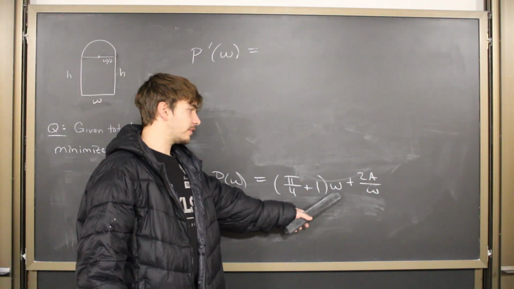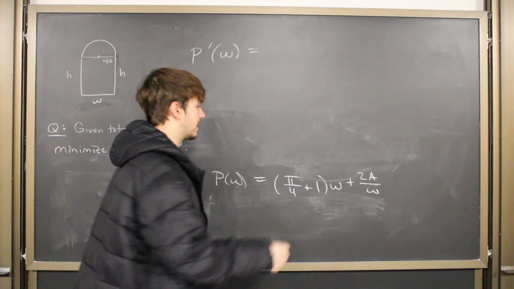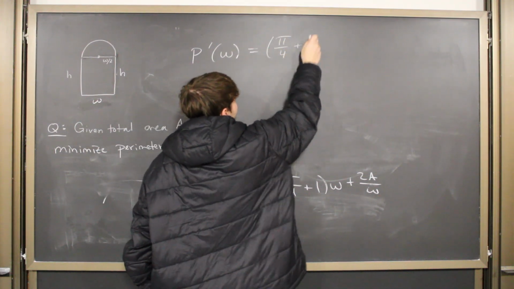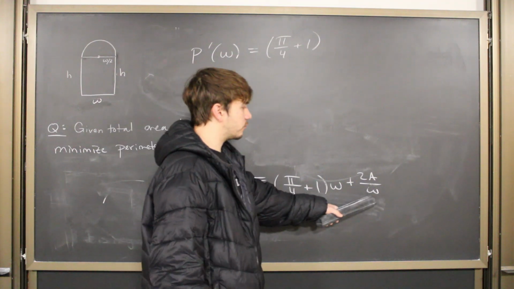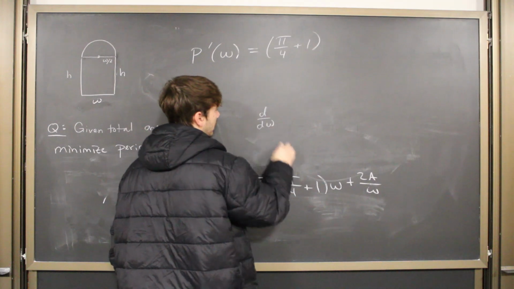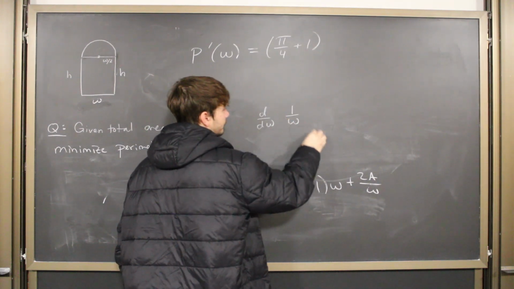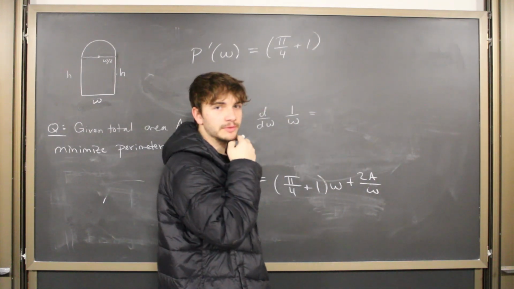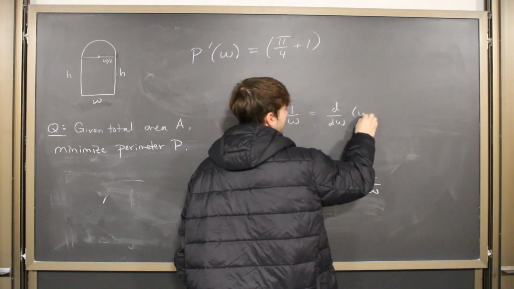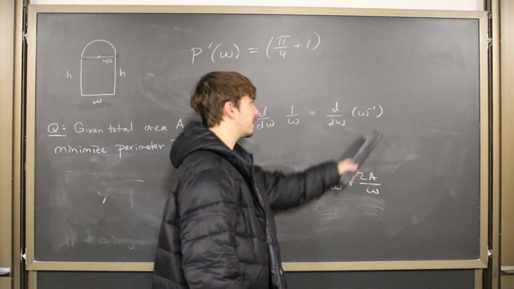So the derivative of a constant times w is just that constant. So this is pi over 4 plus 1. The derivative of 1 over w: remember that I can write 1 over w as w to the power of negative 1. So this is the derivative of w to the negative 1, and now I just apply the power rule.